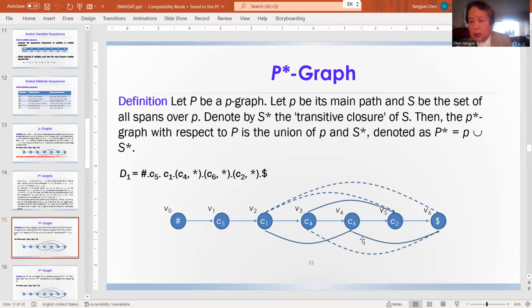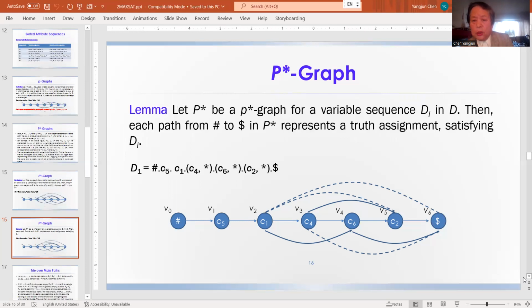We just get another truth assignment under which the corresponding conjunction also evaluates to true. For example, if we go starting from this node, then this node, and then this node, then going along this spine to this node, then this spine to the end node, we just get another truth assignment under which the corresponding conjunction evaluates to true.